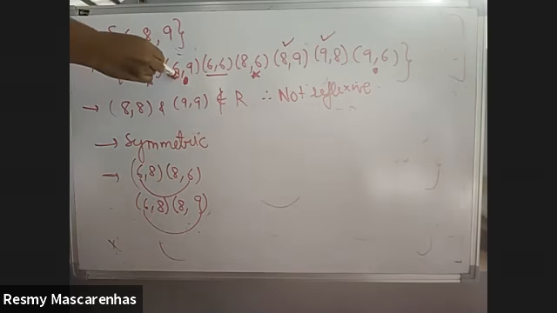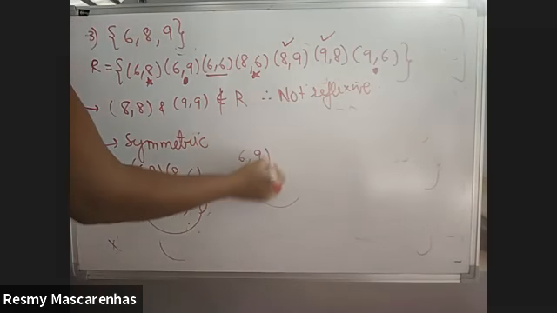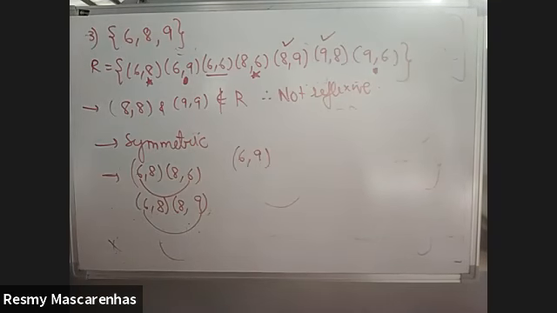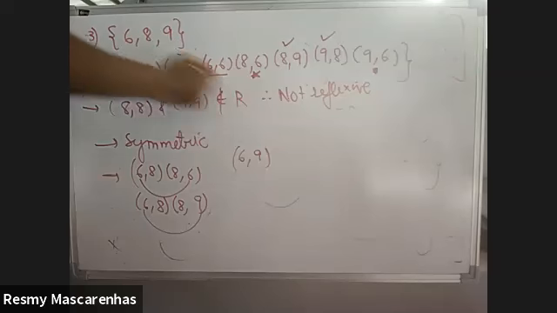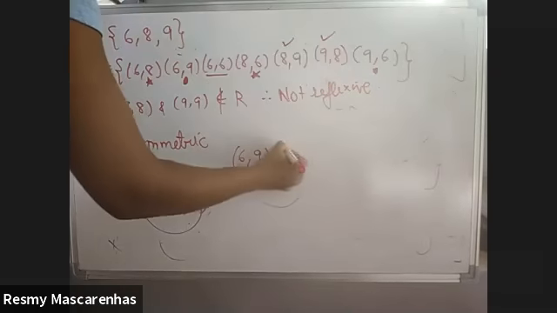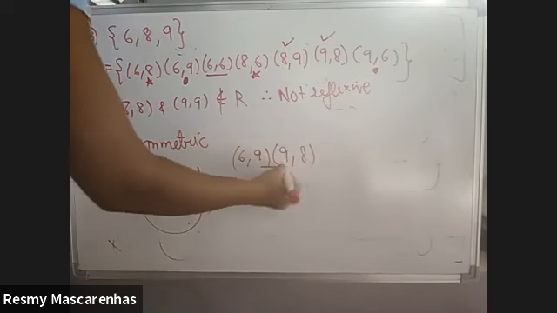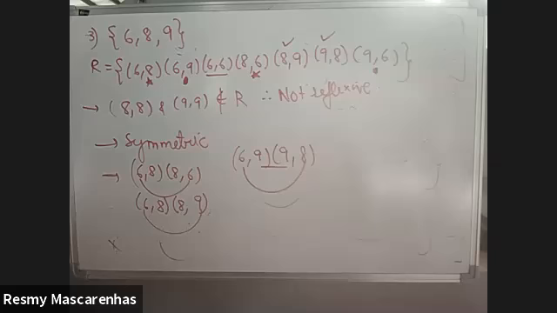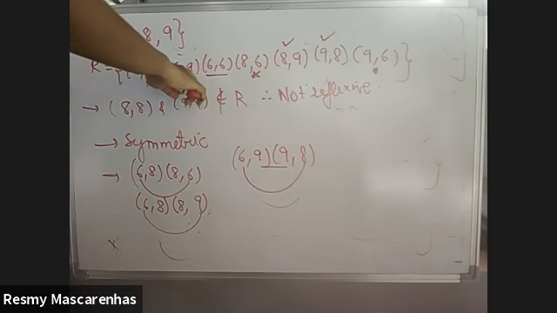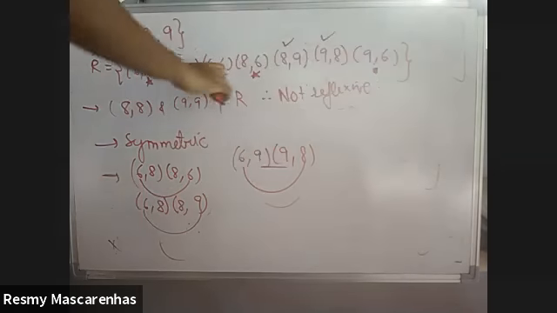Then go for the next pair, 6, 9. Check those starting with 9. 9, 8: 6, 8 is there. Then 6, 9, 9, 6 is there.